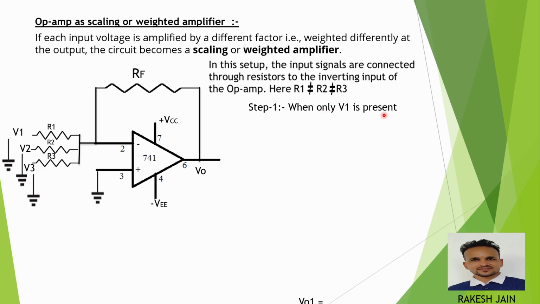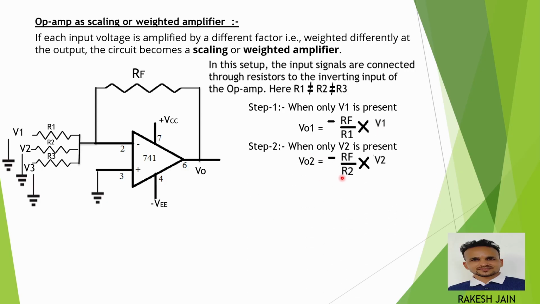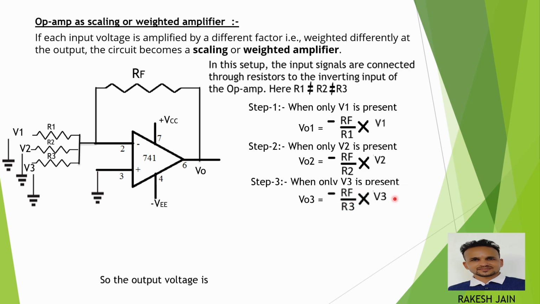So step number 1, when only V1 is present, the output 1 is equal to minus Rf by R1 multiplied by V1. When only V2 is present, the output is equal to minus Rf by R2 multiplied by V2. When only V3 is present, the output third is equal to minus Rf by R3 multiplied by V3. So the output voltage is the sum of all these three voltages.